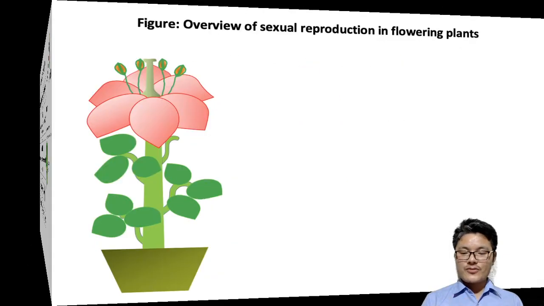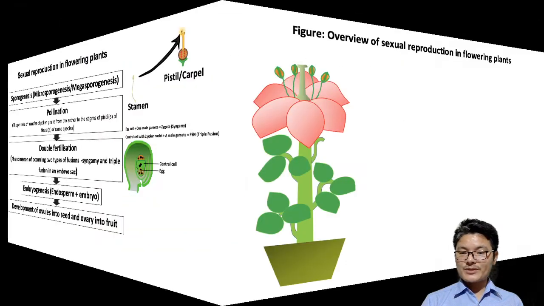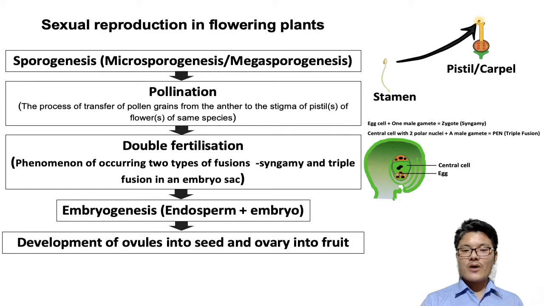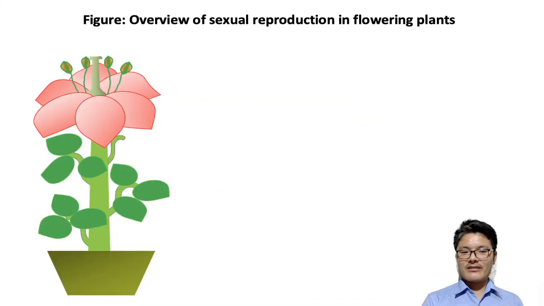Now, to make all these steps easier for you, I've tried to show you some animation with my own computer diagrams. So let's see the overview of sexual reproduction in flowering plants. Now suppose this is a flowering plant bearing a flower.